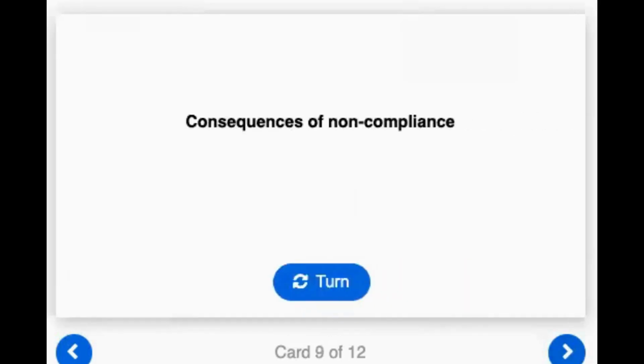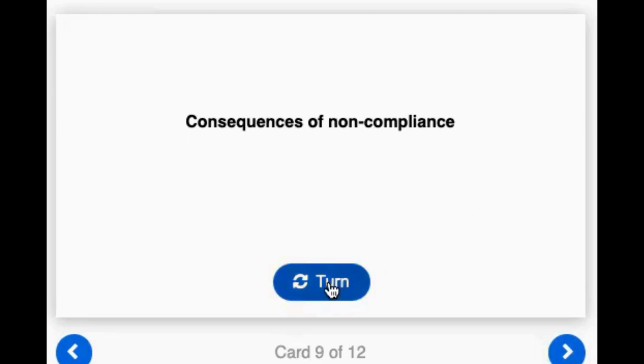Coming on to the next card, what are the consequences of non-compliance? As we are talking about health and safety law, we briefly explained that there are certain consequences if a law is not implemented or is violated in any workplace. Then what would be the consequences? Just recall what I have explained in the previous lecture.